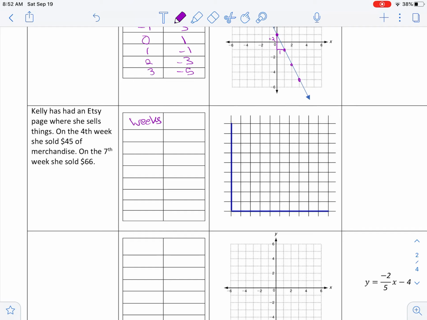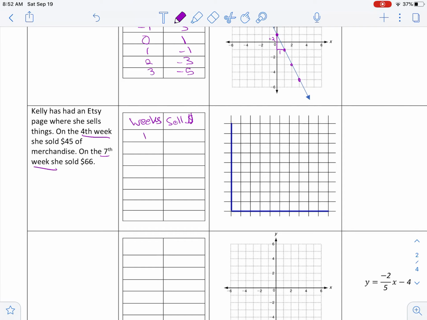I see weeks, and I see her selling profit. And they give us a couple specific data points here on this table. We get week 4 and we get week 7.